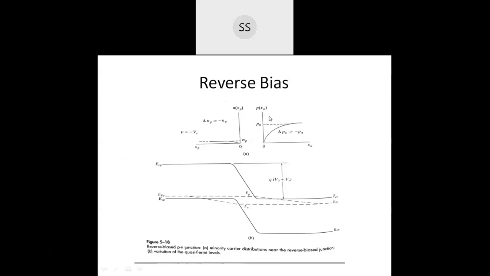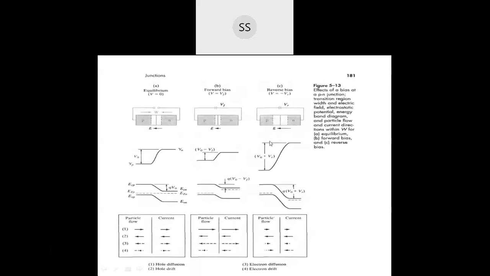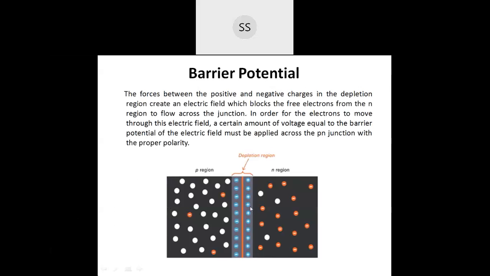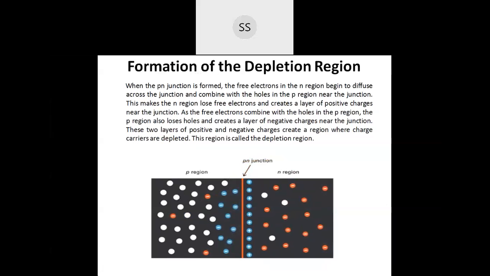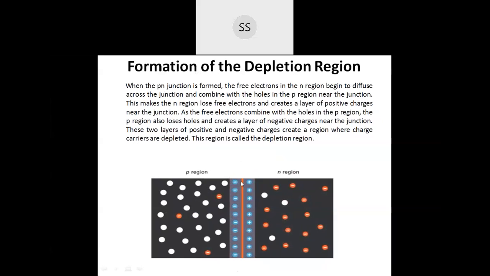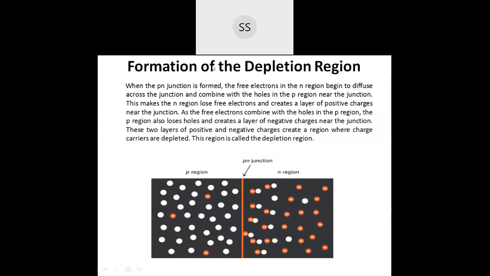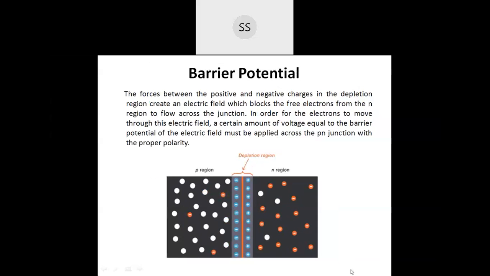To understand this sentence, we go to this diagram. This picture shows how the junction is formed. This is the space charge region.